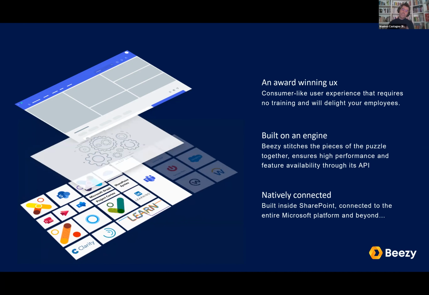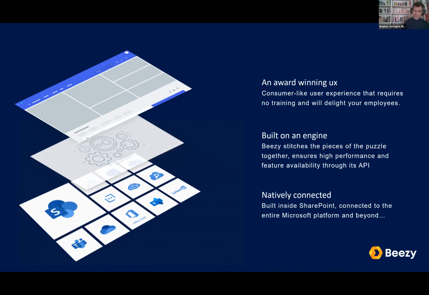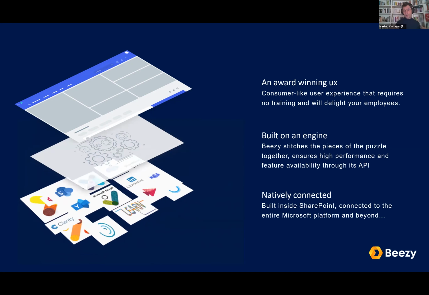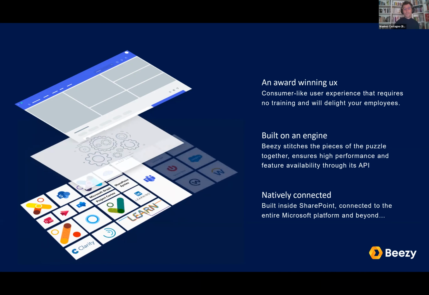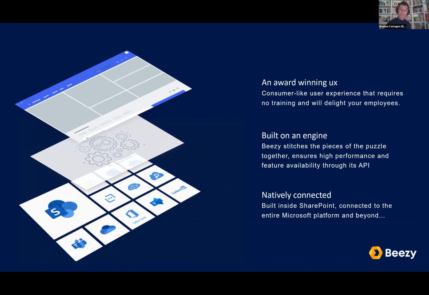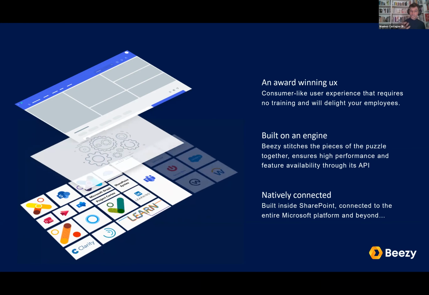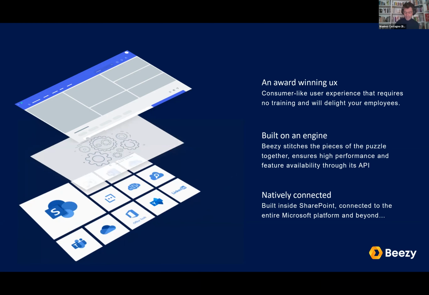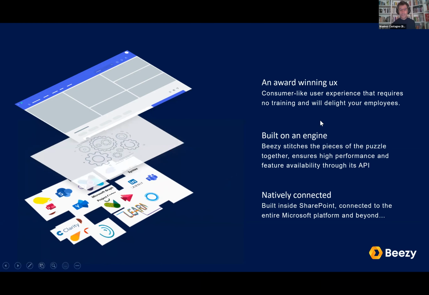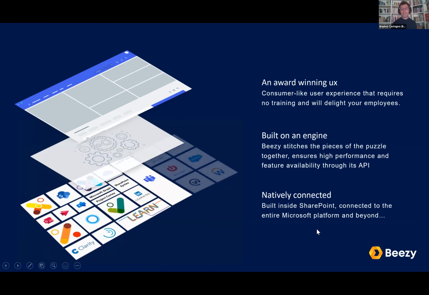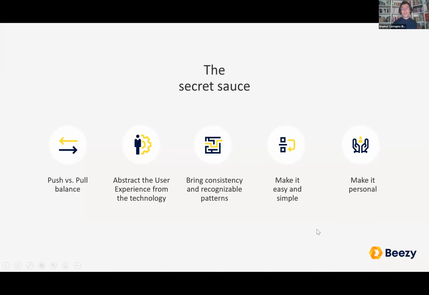And the other thing that you see in this animation, recently we've been also connecting our product a lot to other platforms. And Microsoft is also doing that with the connectors in Viva, for example. So this is what is going on in the background of Beezy. And with that, I will be able to better explain the product, and you will be able to understand what happens behind the scenes when I show you the product.